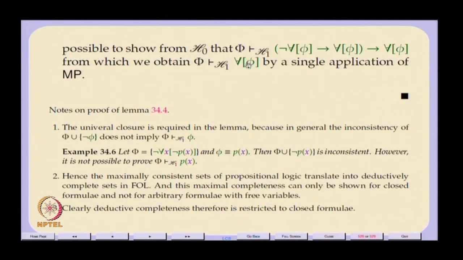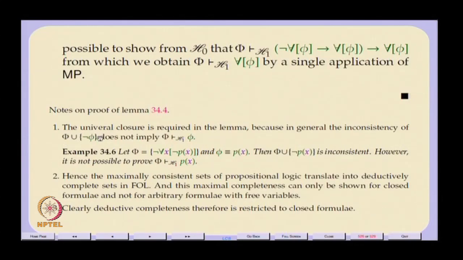If you can prove that, then by a single application of modus ponens we have proved that the universal closure of phi can be proven from phi. So, the importance of the universal closure in first order logic, as opposed to what we did in propositional logic, is absolutely required. Supposing you did not have that universal closure, then in the general inconsistency argument where you add not phi, it will not imply that.